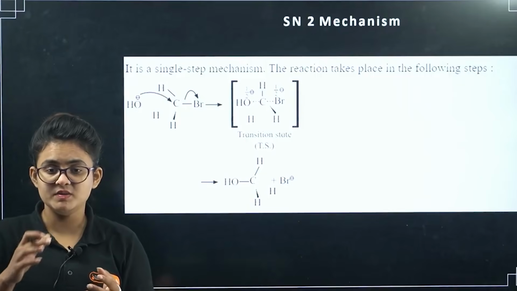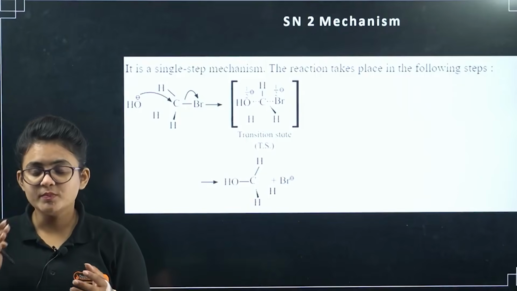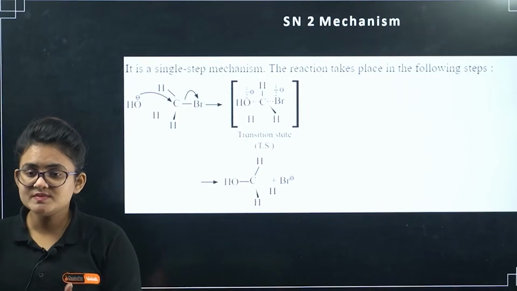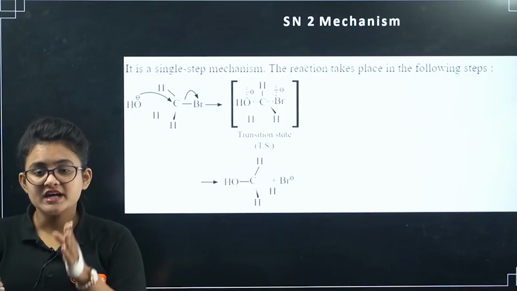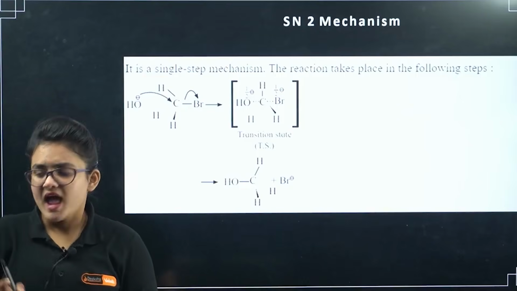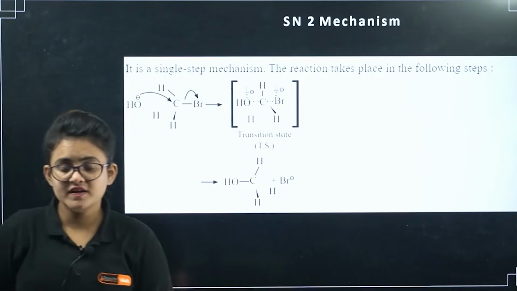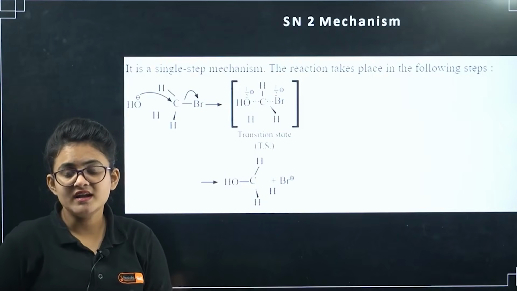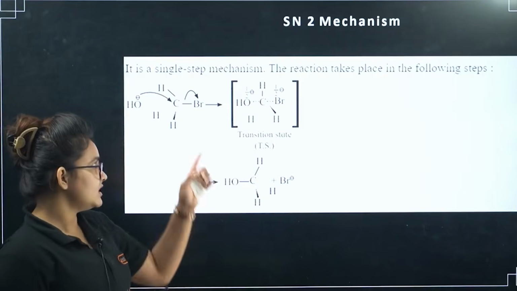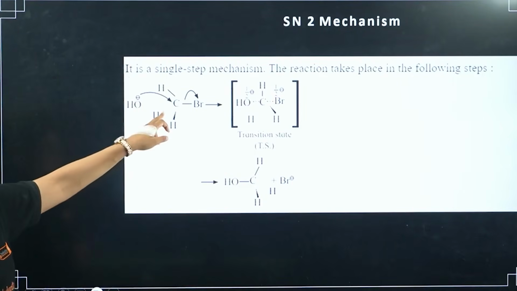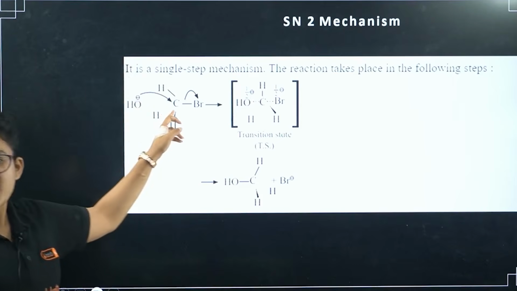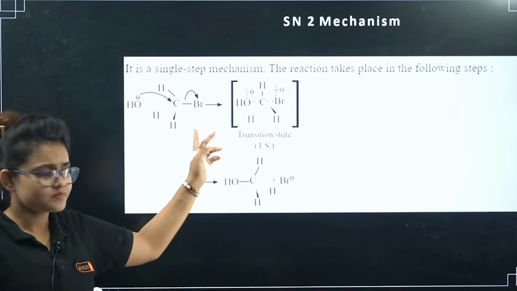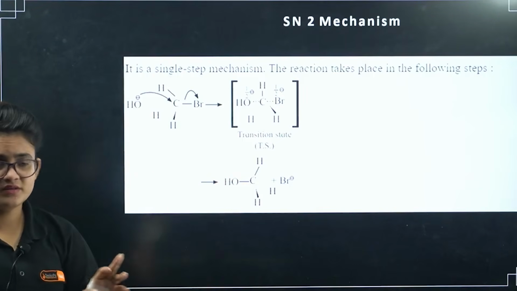So backside attack will be prevented or prohibited, right? So in this particular case, SN2 reaction rate will be slower. And about kinetics, it's definitely a second order reaction where rate depends upon both the concentration of the reagent, I mean the nucleophile, and the starting material. I guess it's clear. It's all about the SN2.